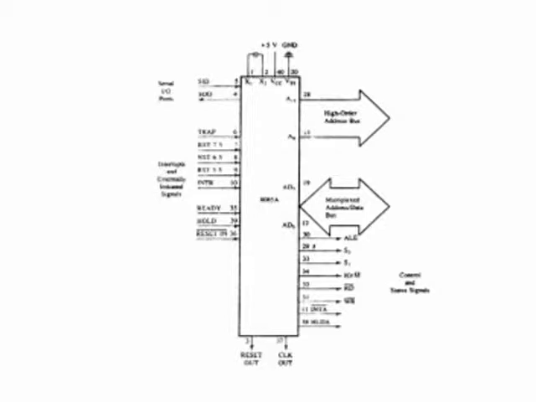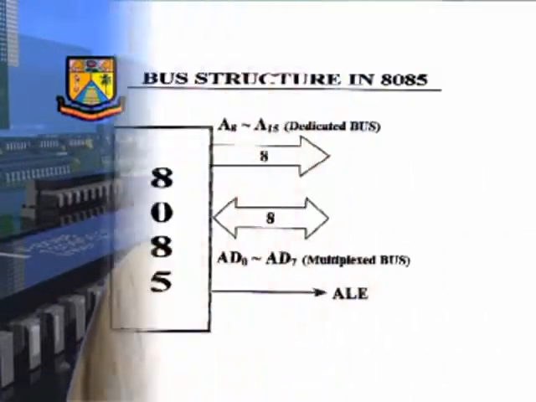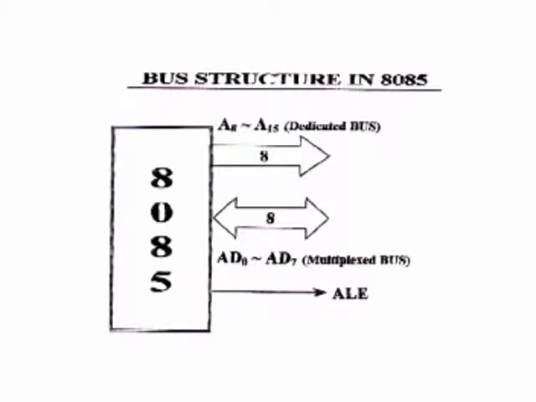There are nearly 40 pins for this 8085, and we call these lines utility lines. These are not actually the pin configuration, but the functions of the various pins available in 8085. And in the next figure, we can see the bus structure in 8085.